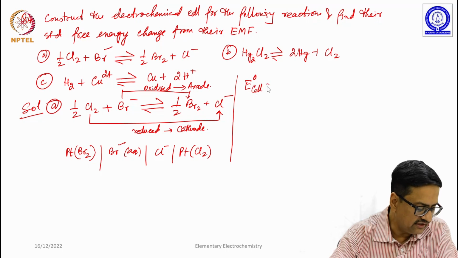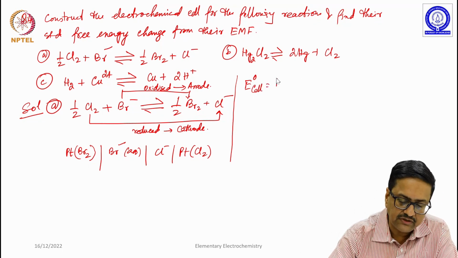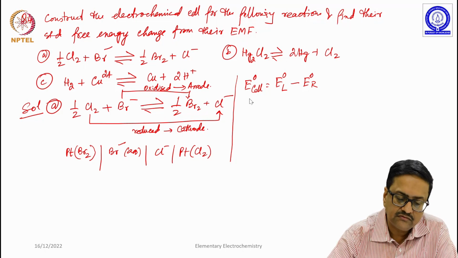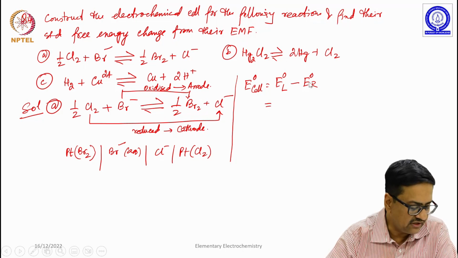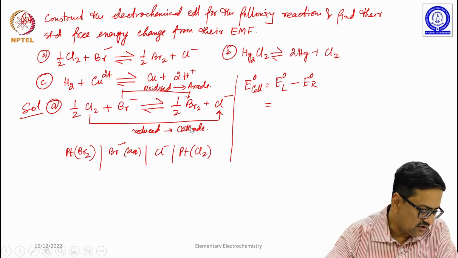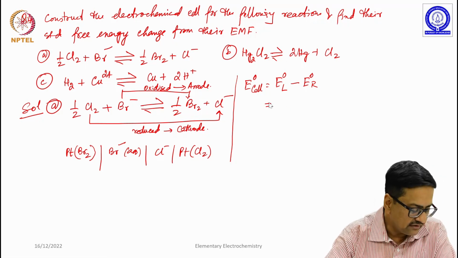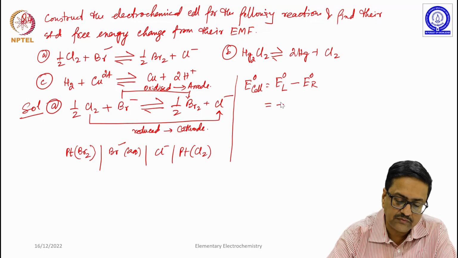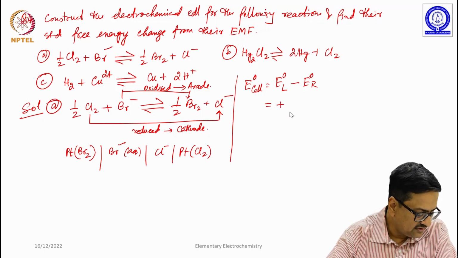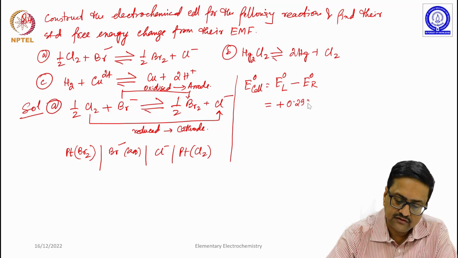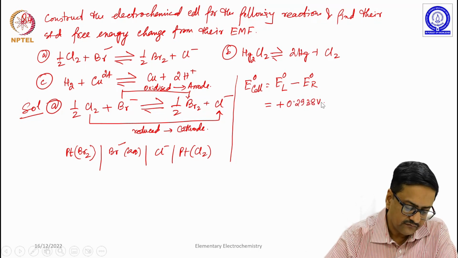So, now what one can easily calculate here is E0 cell is nothing but E0 left minus E0 right, and when you try to find out those values from the textbook and do the math, you will get this to be plus 0.2938 volt.